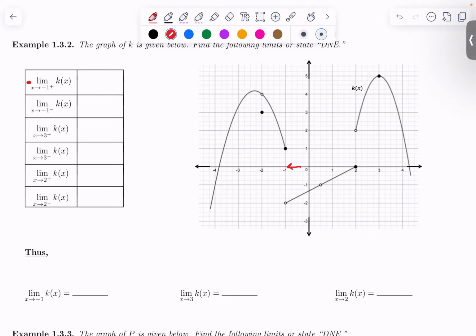And we see that our y values approach -2. Whereas if we approach -1 from the left, we're thinking about numbers like -1.1 or -1.001 or -1.000001, and our y values start tending towards 1.